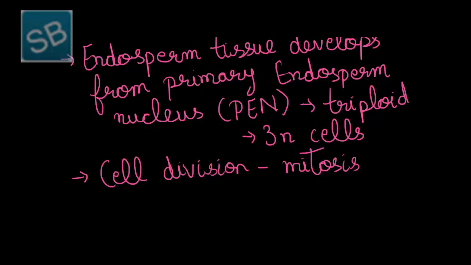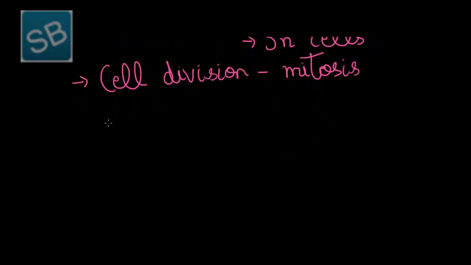Endosperm tissue development mainly occurs in three forms, that is, there are three main types of the endosperm tissue.